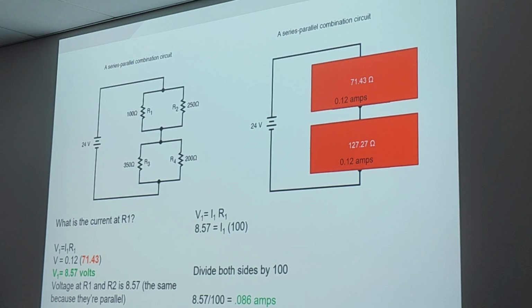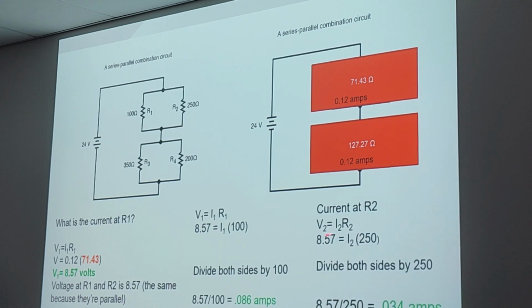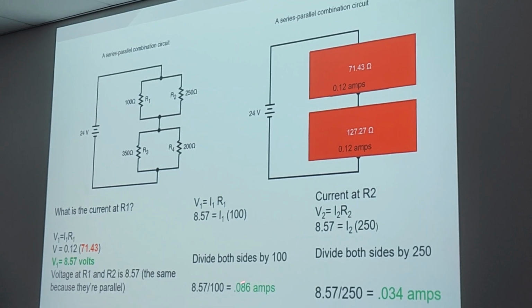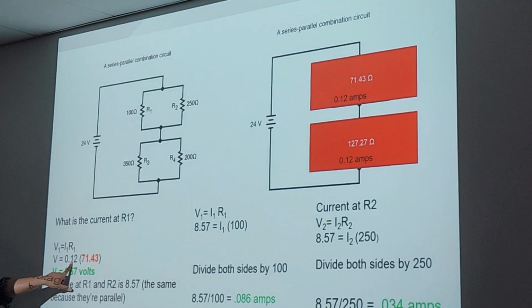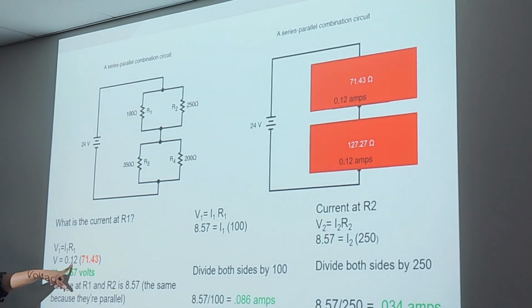The voltage is 8.57, because it's the same since it's parallel. Divide both sides by 250, your current would be 0.34 amps. Now, to check your work, if you add 0.86 and 0.34, it should give you 0.12, which is the total current.